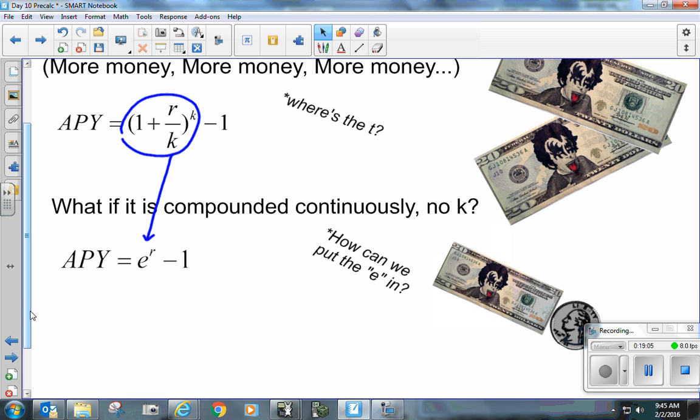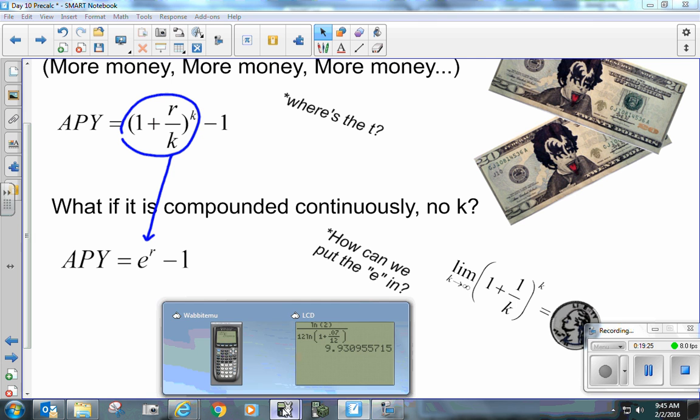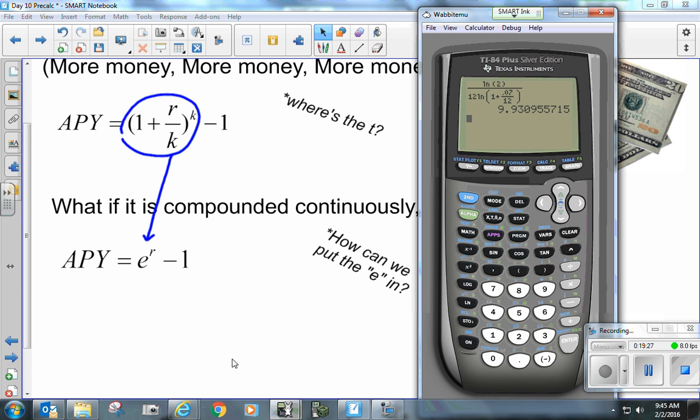Let's see something here. Ready? In your calculator, as K gets bigger and bigger, what is this value going to approach? This value right here. We're going to put this in the calculator, this 1 plus R over K, parentheses K. All right? And we're going to call the rate just 1, just to make it a number. We can make it any number. We're going to see how we can replace E with this. You ready?